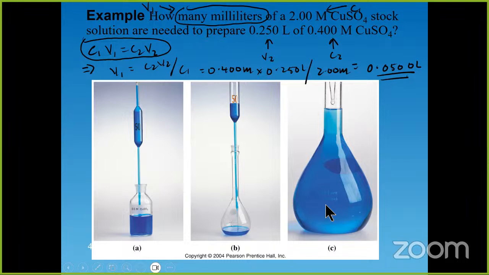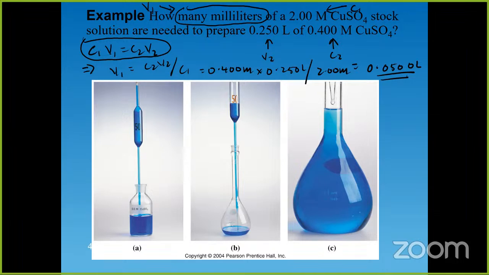There's also another mark etched on the stem of that flask, again reflecting the volume of the liquid in it if the meniscus gets up to that point. So in practice, we take the 50 mils of the more concentrated solution, transfer it to the flask, and then add water.